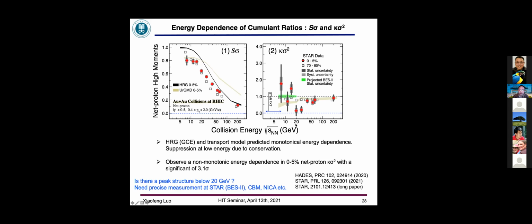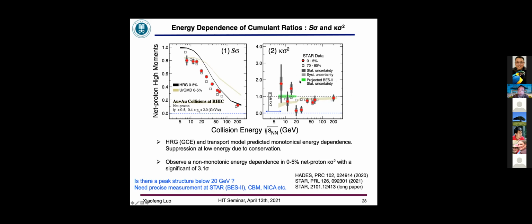And for kurtosis times sigma squared, we see non-monotonic behavior with a 3.1 sigma significance from the statistical analysis. We found that there shows up some dip and then a rise for this kurtosis times sigma squared, but at energy below 20 GeV, the uncertainty is still large.